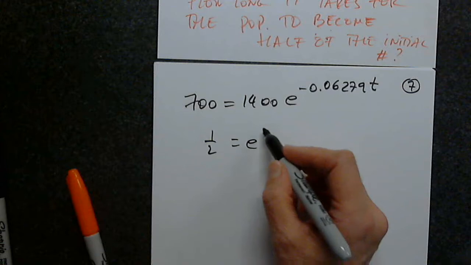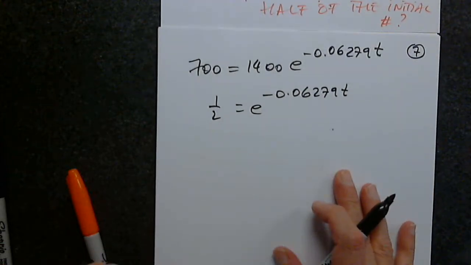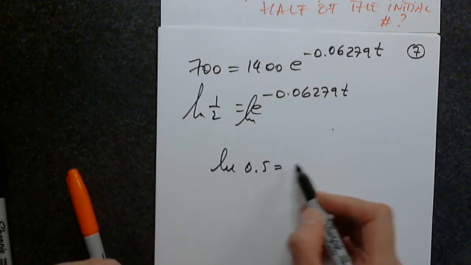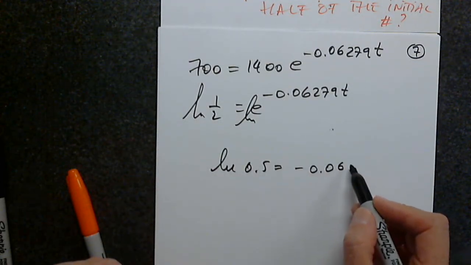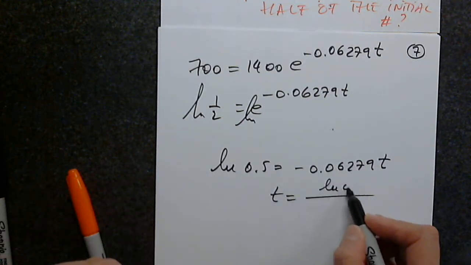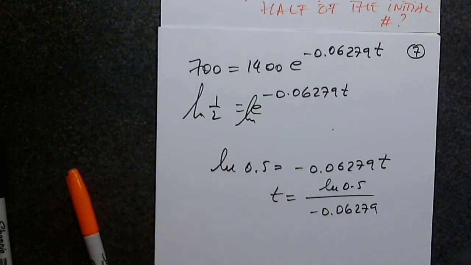So this is e to negative 0.06279 t. We apply natural log to both sides, and we have natural log of 0.5 equals negative 0.06279 t, and t is natural log 0.5 over negative 0.06279.